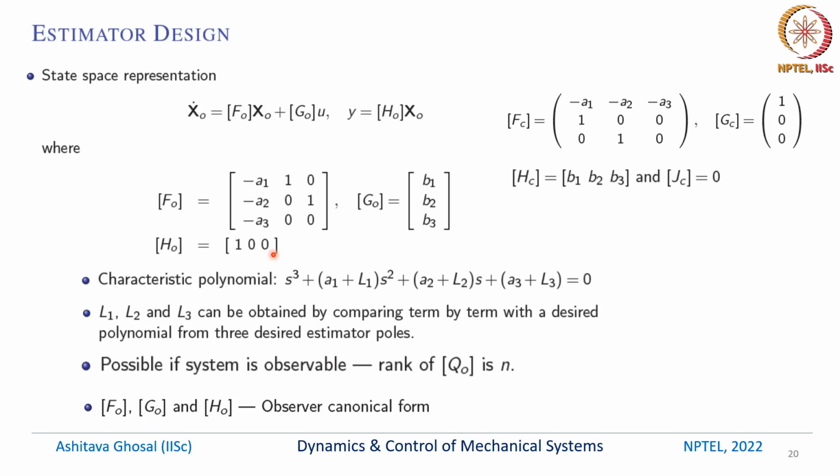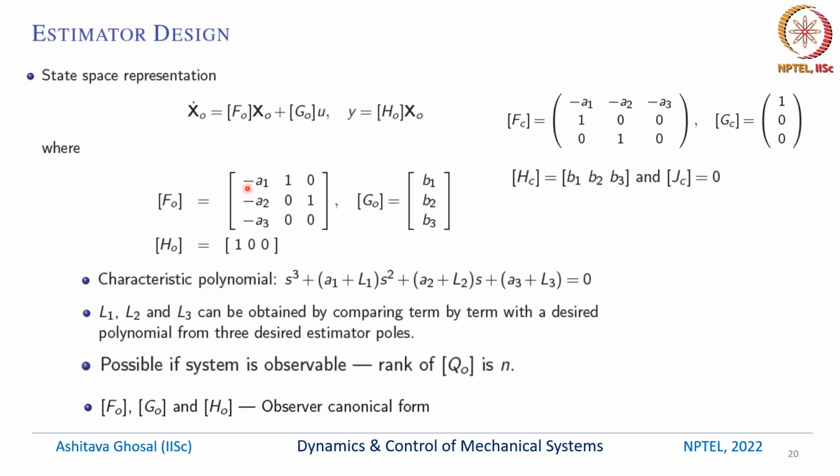So if you go back and see some books in control theory, the observer canonical form and the controller canonical form are in some sense related to each other. In some books you will see that they are called dual. Again, I don't want to go into some more advanced control theory terms, but let's continue.